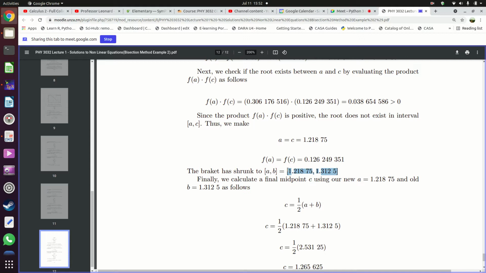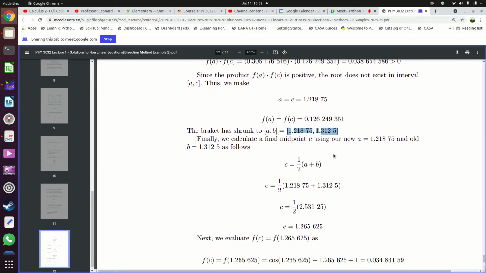Once our bracket is sufficiently small enough, we work out a final midpoint, which we take as our final answer, or the root to this particular function. So our new a is 1.21875, and our old b is 1.3125. Our c is going to be equal to half of a plus b. So c is equal to half of 1.21875 plus 1.3125.